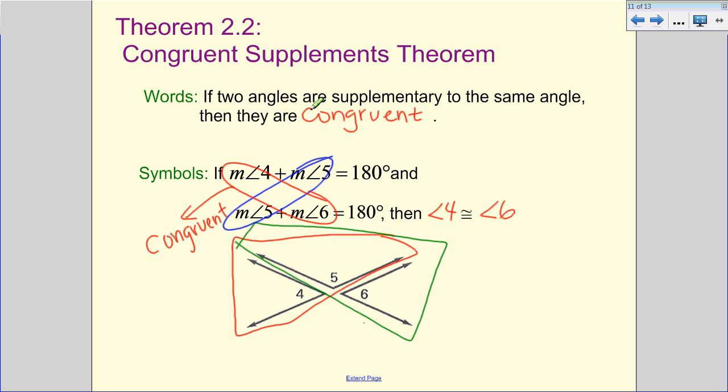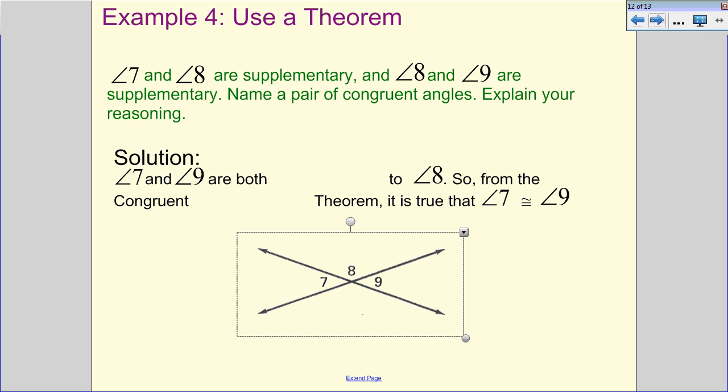So we're going through these theorems. It's going to make a little bit more sense when we start looking at applying those. So what we know here is that angle 7 and angle 8 are supplements. We can see that they make a straight line. We know that angle 8 and angle 9 are supplementary because they make a straight line. And so what we need to do is name a pair of congruent angles.